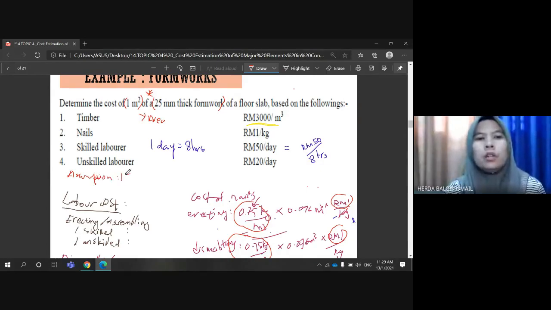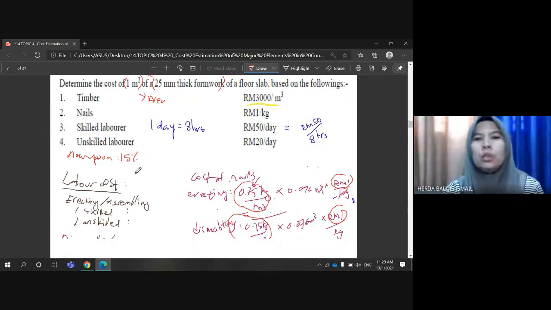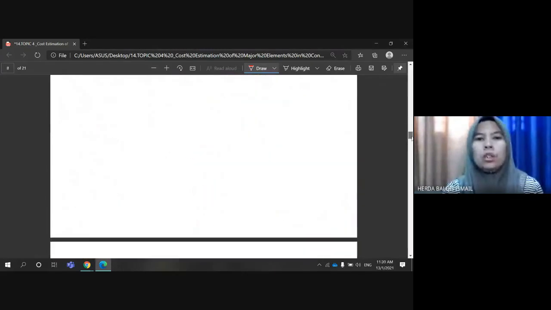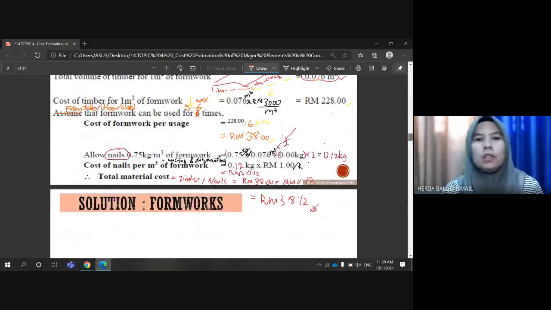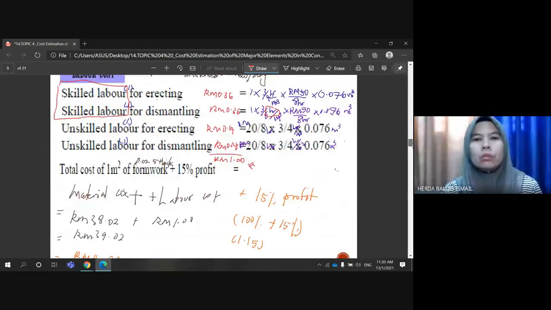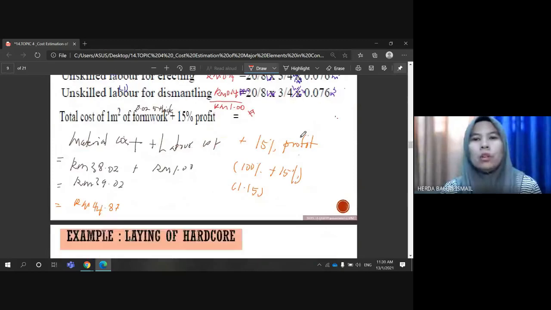By this assumption, we take it into consideration in our calculation. Thus the total cost will comprise the material cost and labor cost.